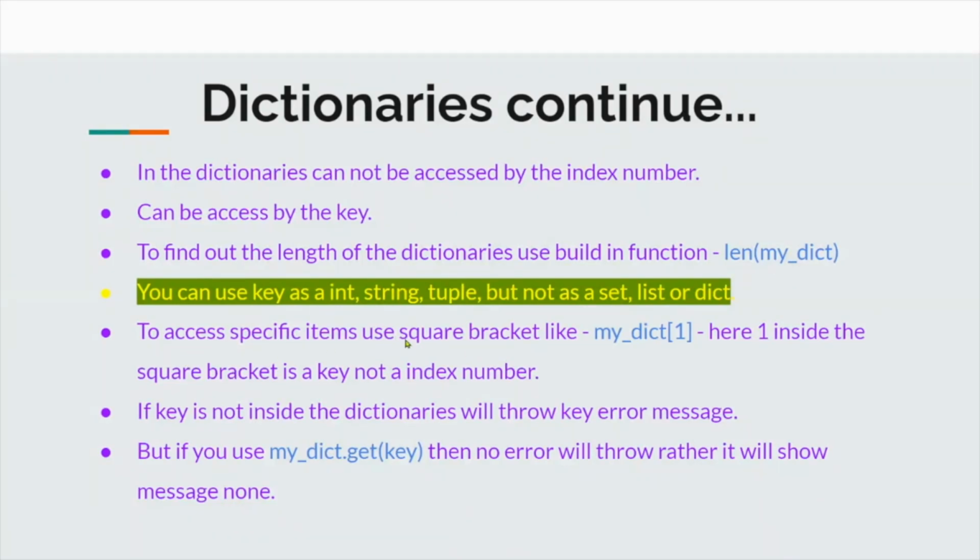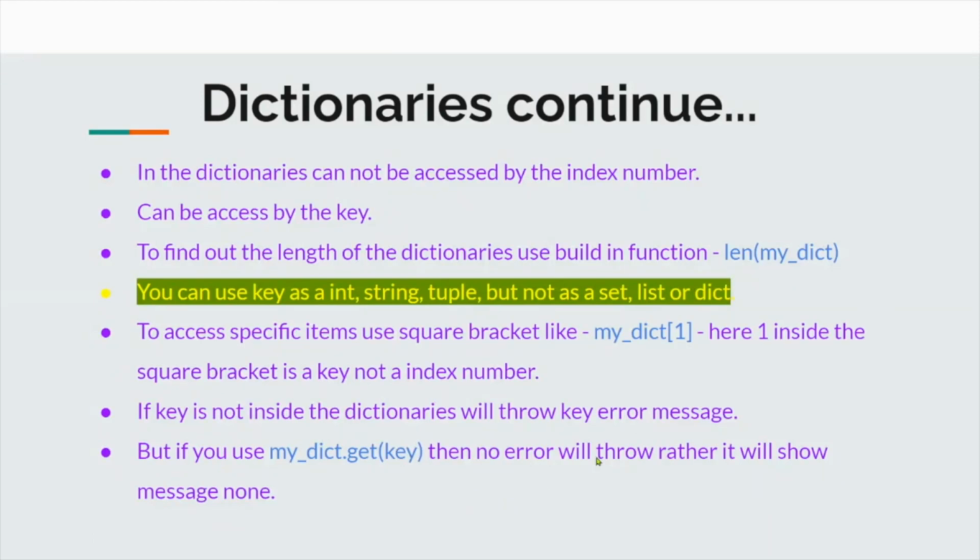If you want to access any specific item, use the name of the dictionary and square brackets with 1, that will give you what's inside key number 1. As I said earlier, it will throw an error message if the key is missing, but if you use get, there is no error message.